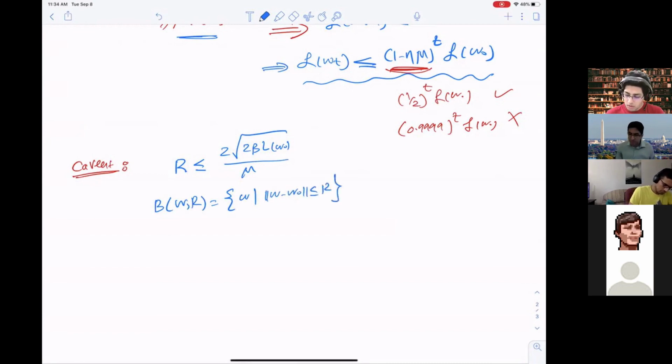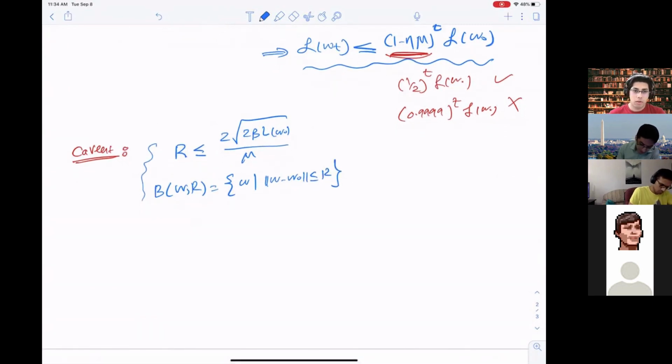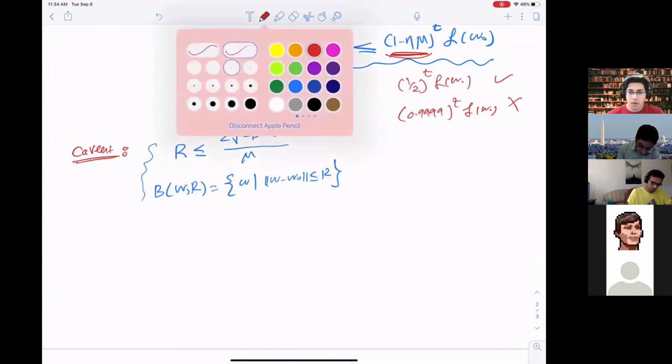And we assumed that, in order to say that the mu-PL or the smoothness conditions hold, we should say they hold in a specific ball with some specific radius. So one thing that we didn't show is that when we are doing gradient descent, we may get out of this ball. Even though I'm assuming all of my conditions are satisfied in this ball, in fact, I may get out of it.